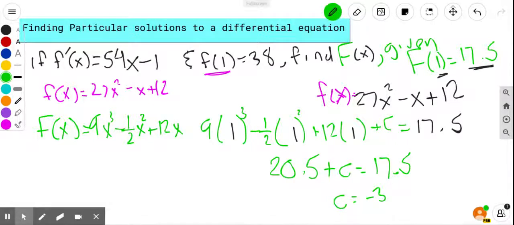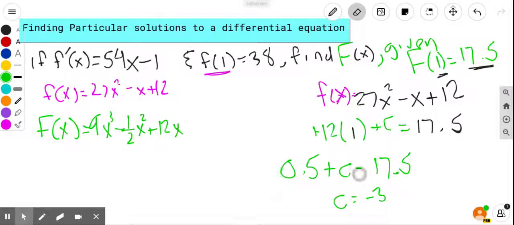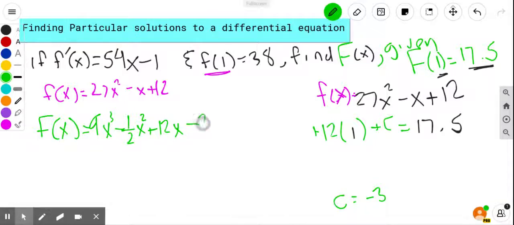And based off the fact that I was given the coordinate point of 1 comma 17.5, I knew that the c value for this particular equation should be minus 3.